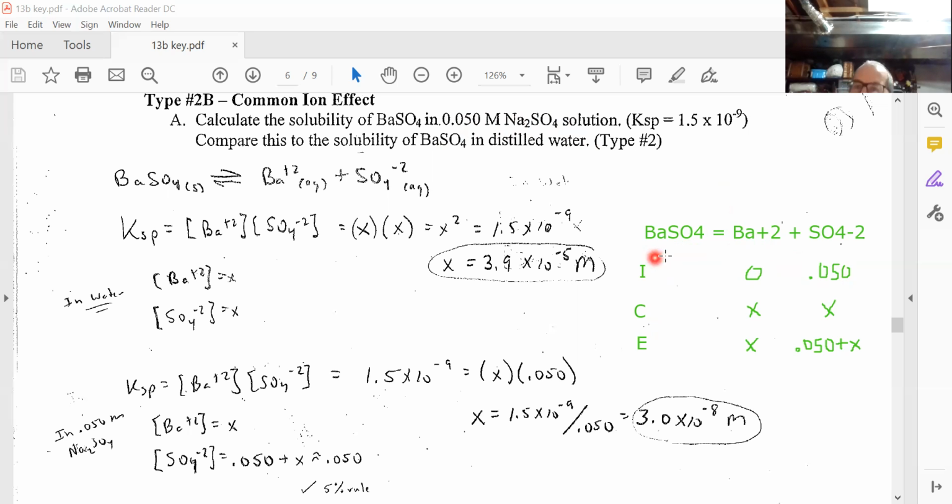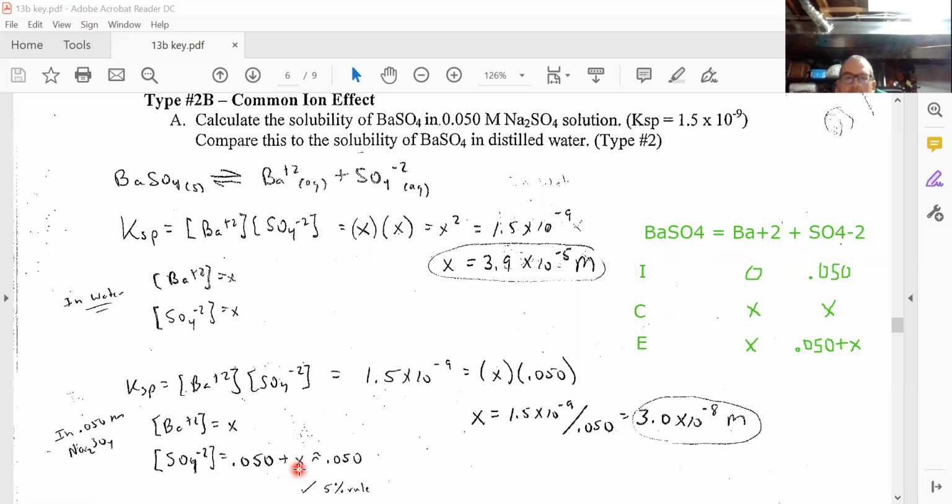So barium sulfate is not going to dissolve very much, and especially is not going to dissolve much if there's already sulfate there. But some of it still will dissolve because there's nothing here. So this does become minus x, and this does become plus x. So ultimately, 0 plus x is x. 0.050 plus x is going to be 0.050 plus x.